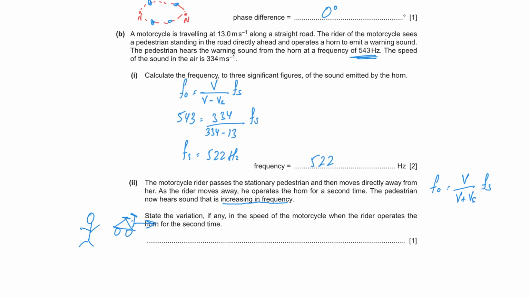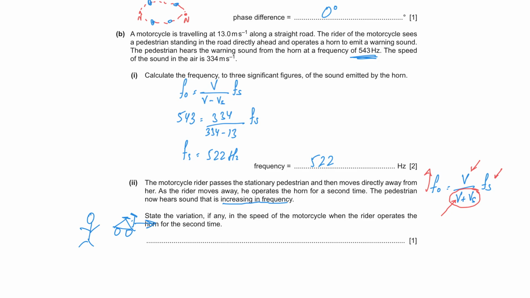If the observed frequency is increasing, that basically means that the denominator here is decreasing. If this is increasing, this should decrease. Fs is constant. Speed of sound is constant. In fact, even in the denominator, this V, which is the speed of sound, is constant.